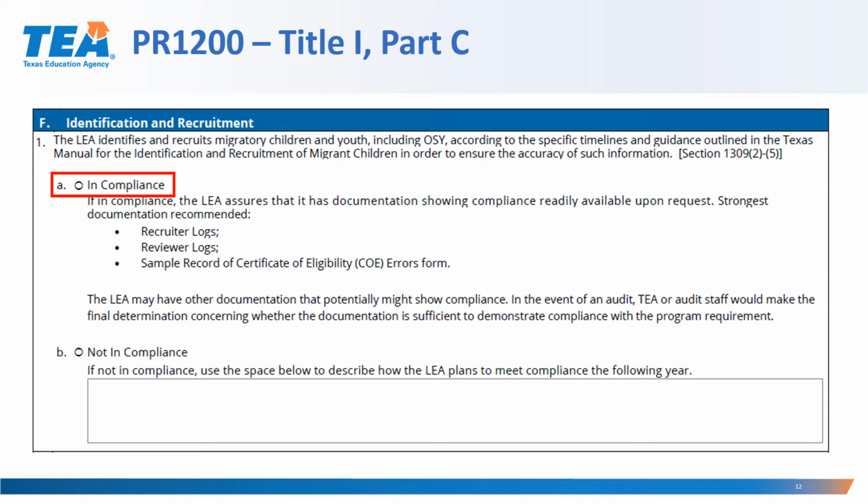So another great form of documentation that can show that a district is in compliance is the ID&R action plan. The LEA might have other documentation that potentially might show compliance, but as we mentioned before, TEA or the audit staff will make that determination. If the LEA indicates that they're not in compliance, the LEA has to use the space below to describe how the LEA will plan to meet compliance the following year.